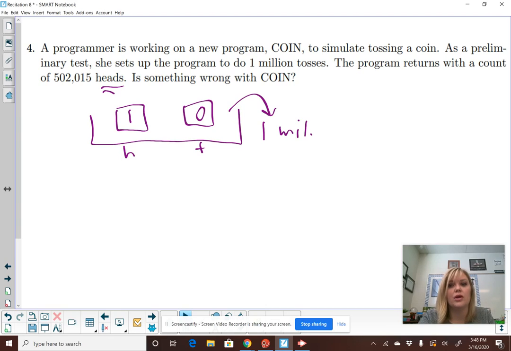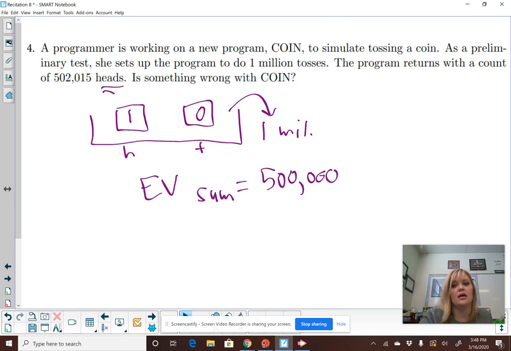So then what you want to figure out, and this I hope is common sense, is if you toss a coin 1,000,000 times, how many heads do you expect to get? Hopefully you can answer that without looking at any formulas, just thinking, oh yeah, half of 1,000,000, so the EV sum should be 500,000, right? And then the SE sum, you will have to find.